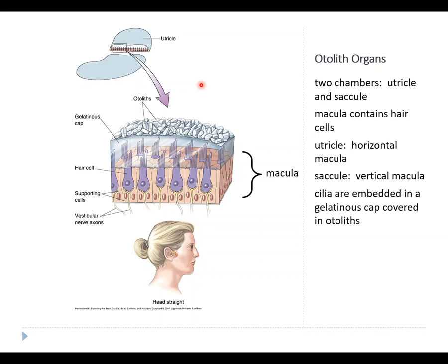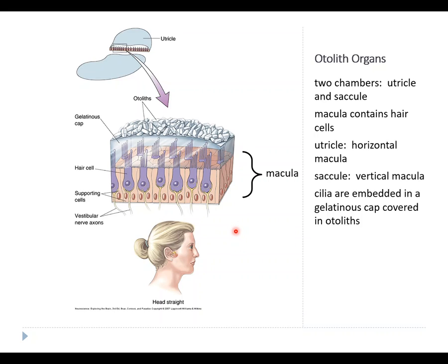The stereocilia of each one of these hair cells is embedded in a layer of gelatinous material which is secreted by the supporting cells that surround the hair cells. And so this gelatinous material covers the cilia, and the cilia are embedded in it. And so when it moves, the cilia move with it.